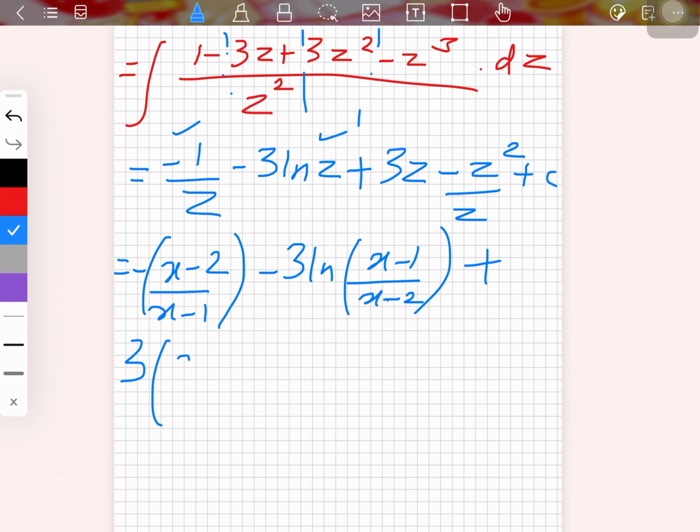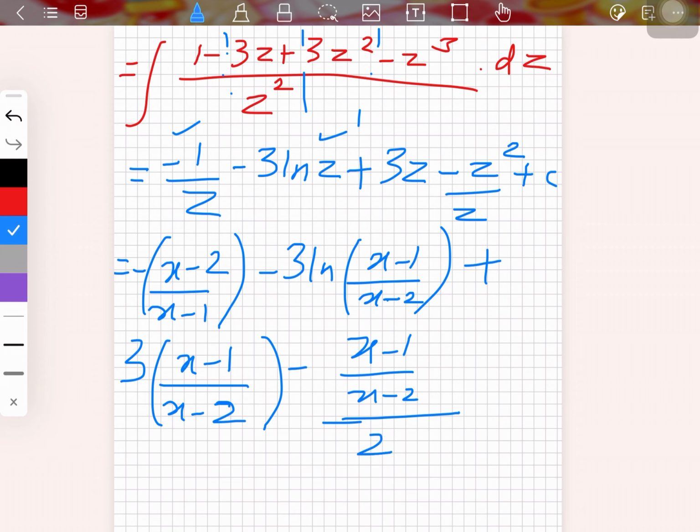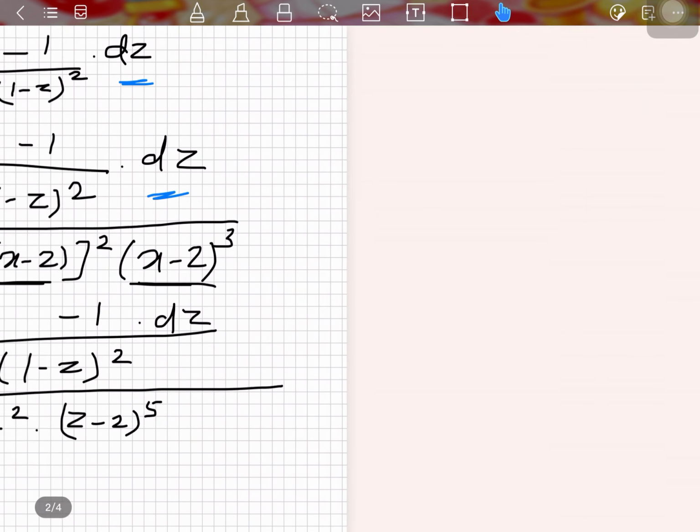So just simply replace the value of z with the value of x. So it is, of course, x over 2 minus, what would it be? Yep, I think this is whole divided by whole square plus c. So there you go. This is the final answer to this question.